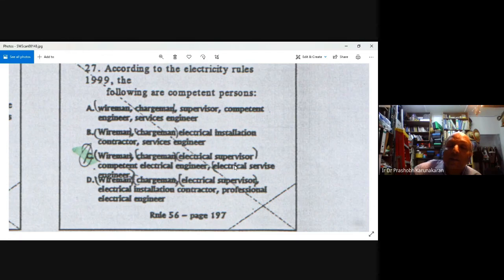So the most basic is G2 wireman, then G1.